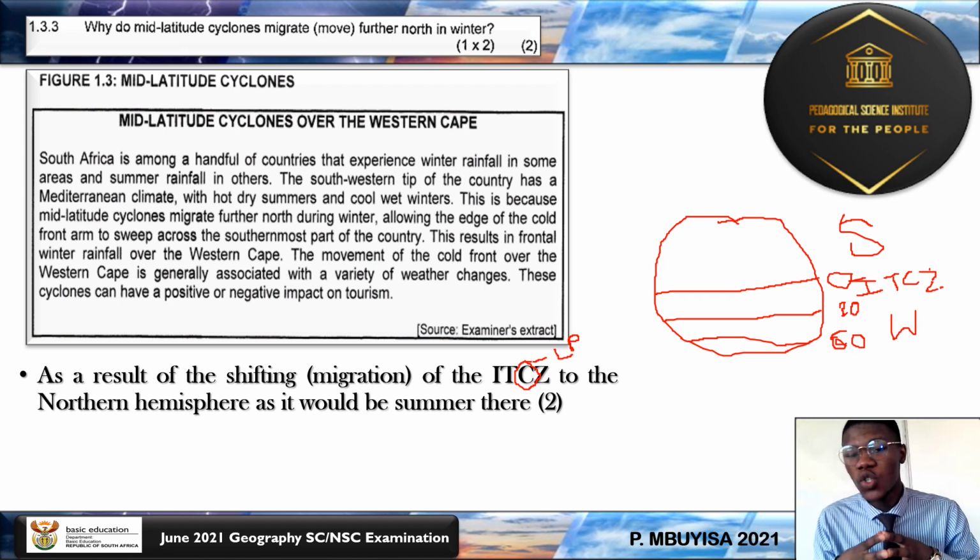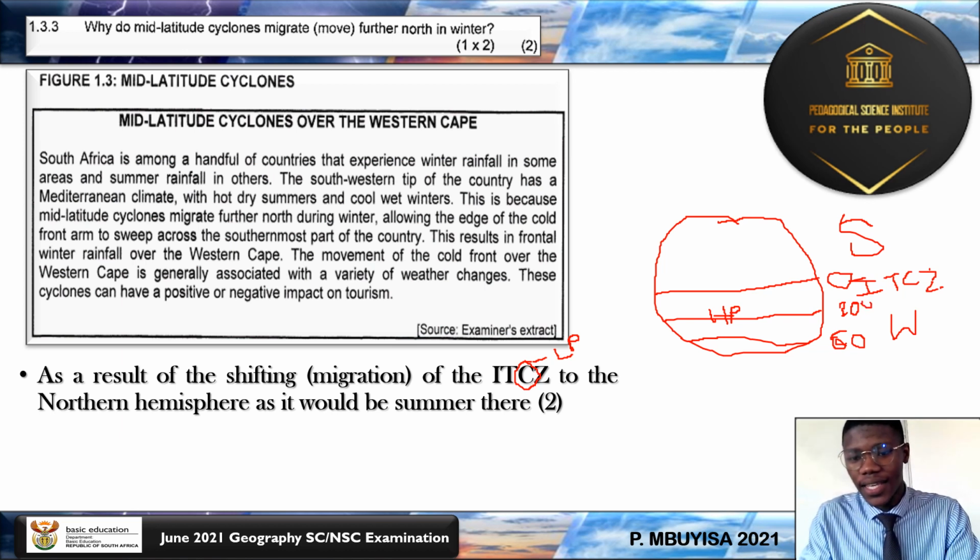When summer monsoons are dominating, that's where your ITCZ will go. And if it is summer in the northern hemisphere, it means that your ITCZ will move to the northern hemisphere. And when it gets there, it means that it's going to migrate with your high pressure systems that are found in the subtropical high pressure belt, being at 30 degrees.